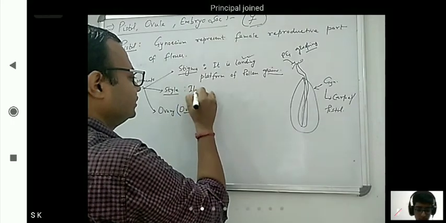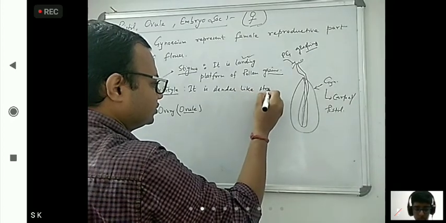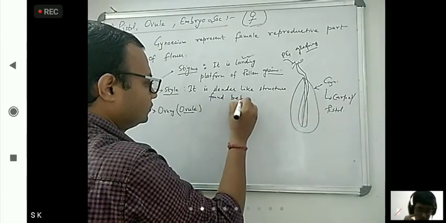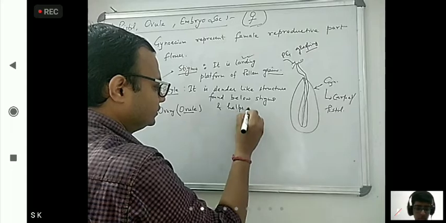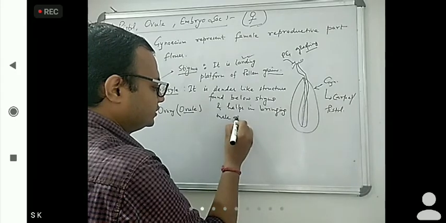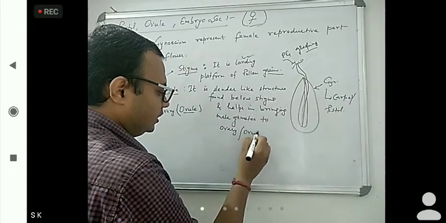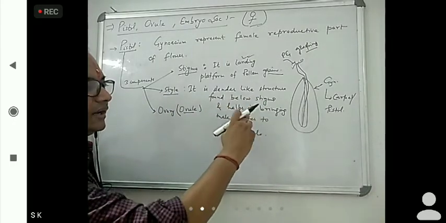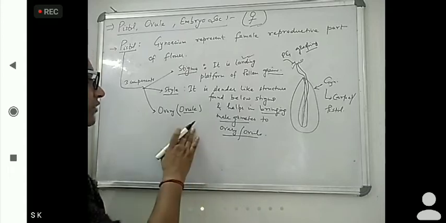So it is a slender structure found below the stigma and helps in bringing male gametes to the ovary or ovule. So this is the style.